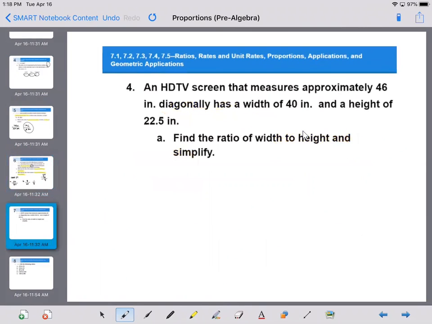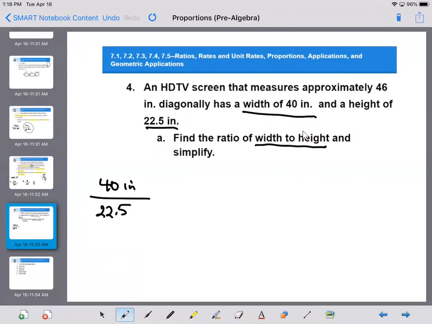Here we've got an HDTV screen approximately 46 inches in diameter with a width of 40 and height of 22.5 inches. Find the ratio of width to height. So width is 40, height is 22.5. In this section, you can use your calculator and do the division.